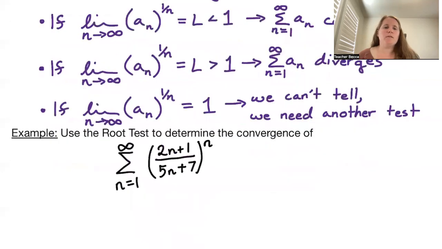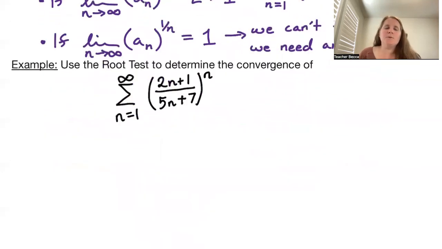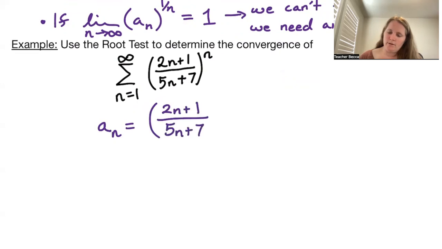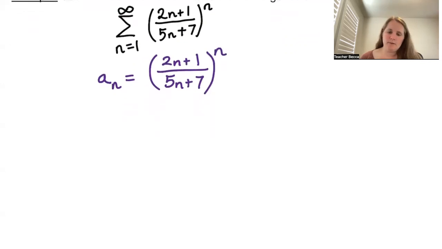So, for example, let's use the root test to determine the convergence of the sum from n equals 1 to infinity of (2n plus 1 over 5n plus 7), that whole thing raised to the nth. So here our a sub n would be 2n plus 1 over 5n plus 7, that entire rational expression raised to the nth.